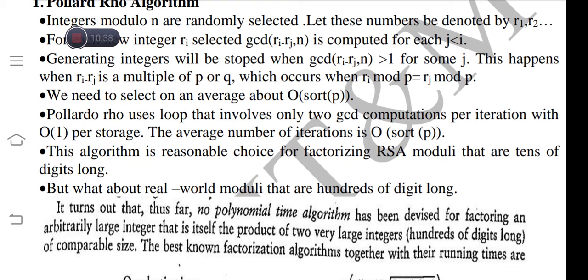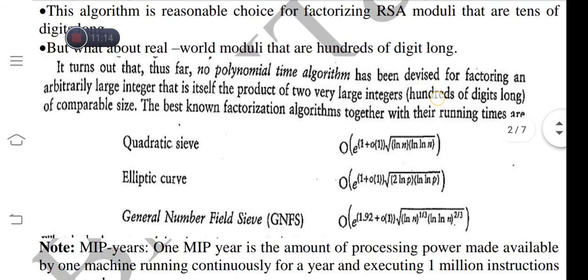Because the formula for n is what? P into Q. We are multiplying two very large integers P and Q, and their product is the n value. To factor this n value, no polynomial time algorithm has been devised so far. If we consider other factorization algorithms, we have the time complexity associated with them.